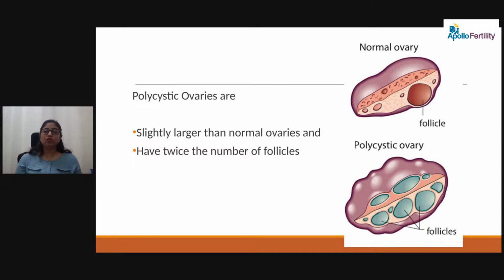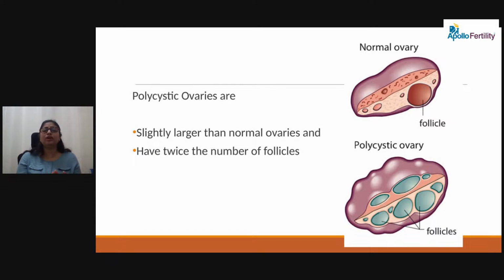In polycystic ovaries, these follicles are more in number, about twice the number. They will have 12, 14, 16, 18, 20 or more follicles, whereas up to around 10 is considered normal. They are not multiple cysts, they only appear as cysts.